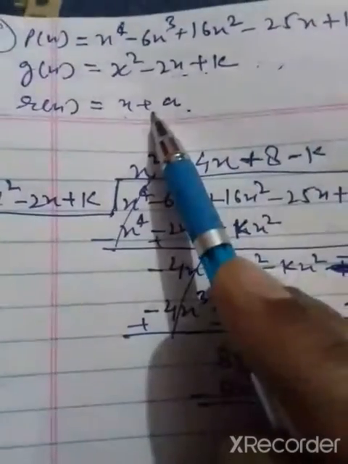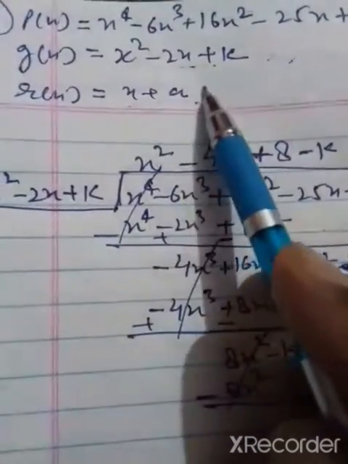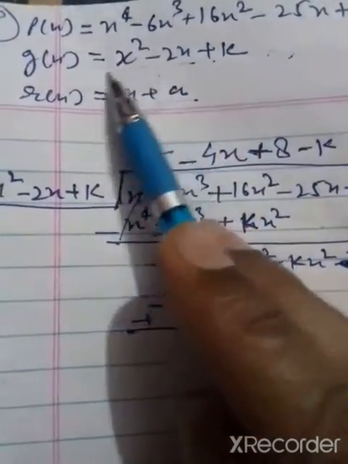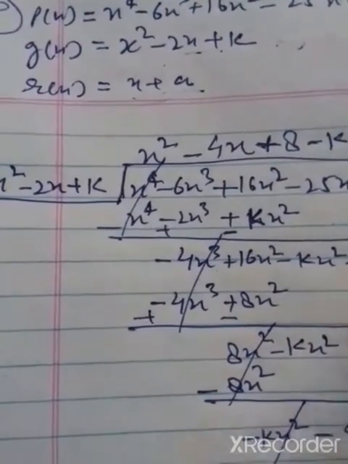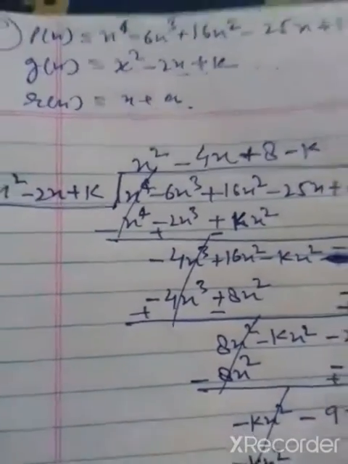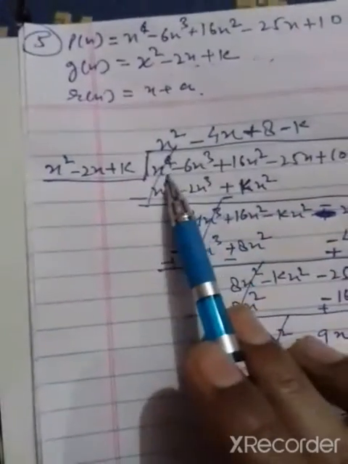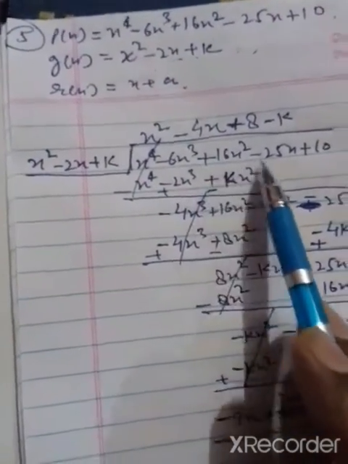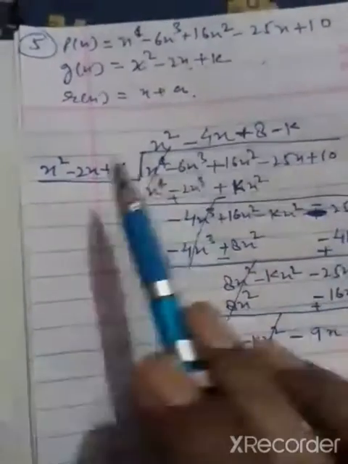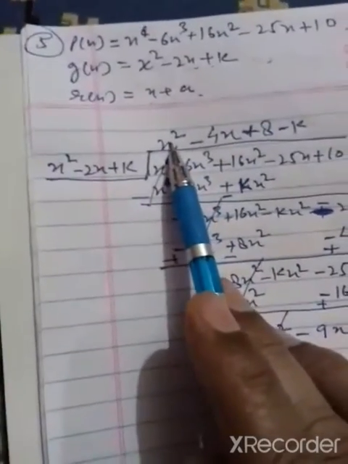Now we will divide these two, and because it is given as a remainder, when we divide we will also have a remainder, so both the remainders should be equal. So I have divided this question already as it was long. So now x square minus 2x plus k, we are going to divide x to the power 4 minus 6x cube plus 16x square minus 25x plus 10 by this one. So as x to the power 4 is there, we'll multiply by x square.